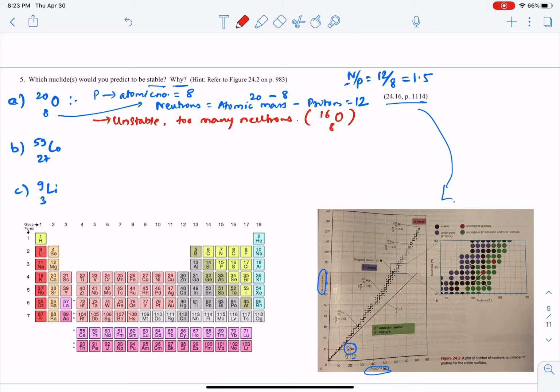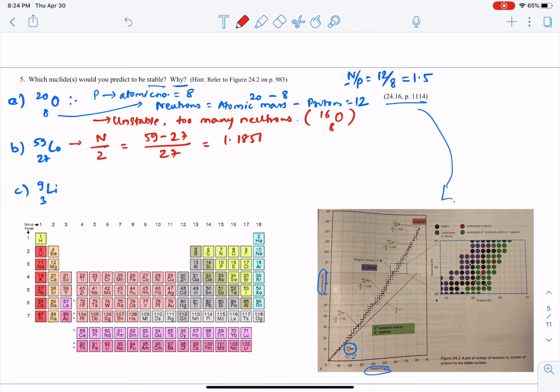Now moving on to cobalt, that is 59, 27. Again we will do the same thing. N would be 59 minus 27, that is atomic mass minus the protons. So the N by Z comes out to be around 1.185.